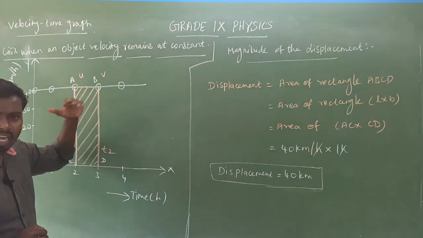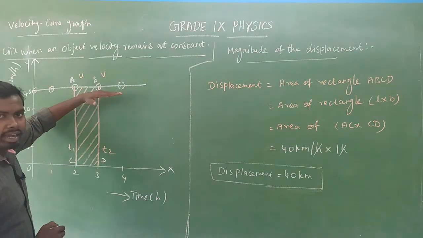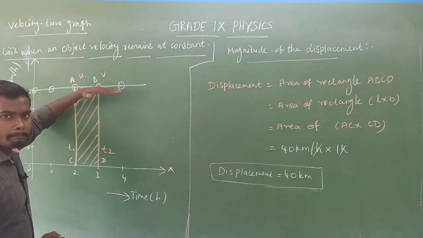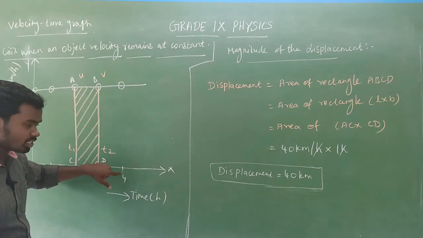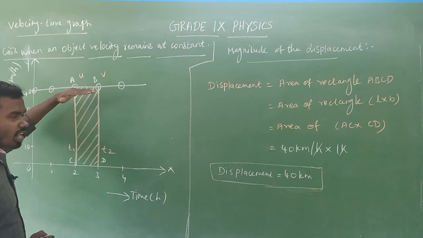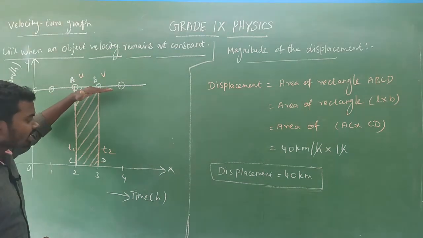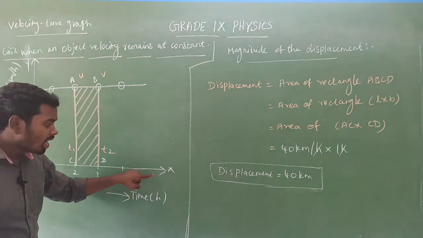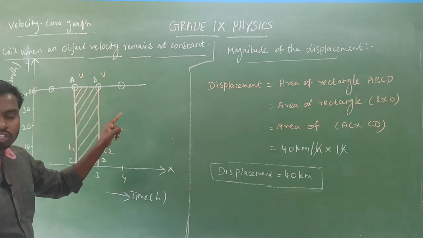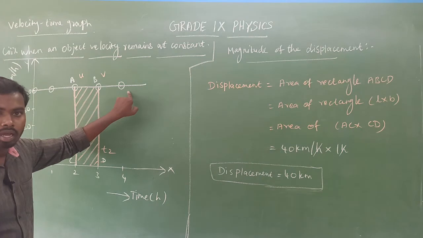In the velocity time graph, if the straight line is parallel to the time axis, or otherwise we can say x-axis, then that motion is said to be, what is that?